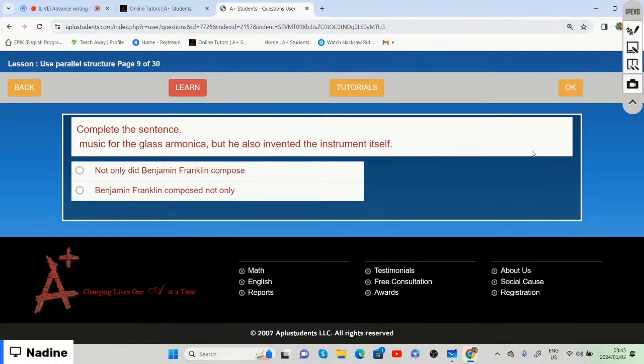So we need to choose the correct one, and one of the answers needs to come right in front of the sentence to complete it.